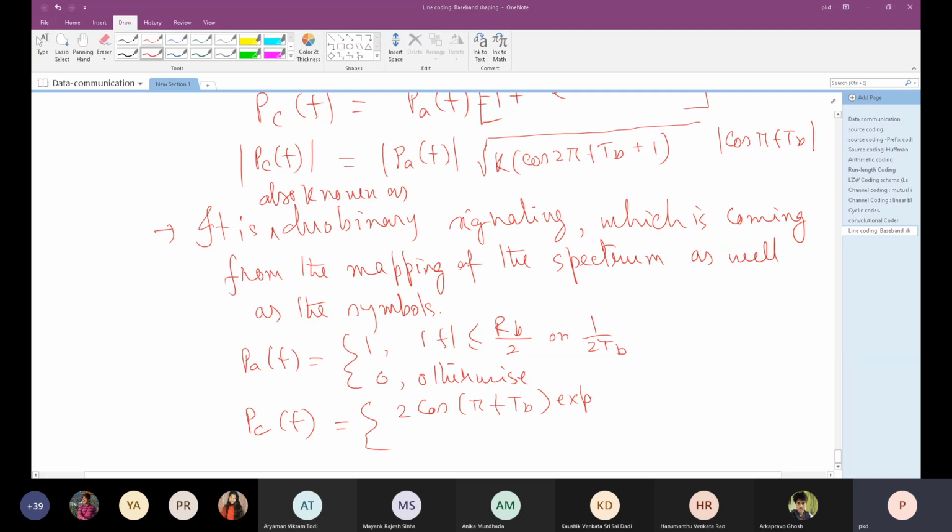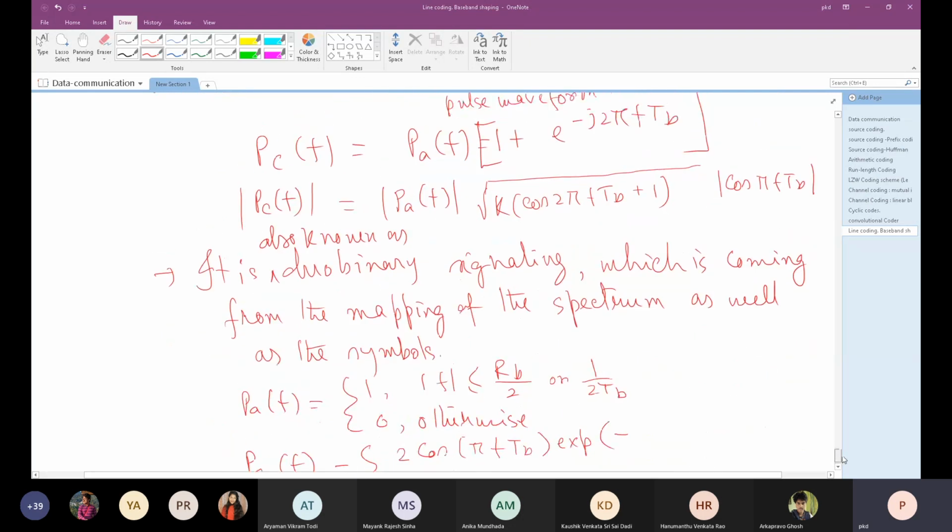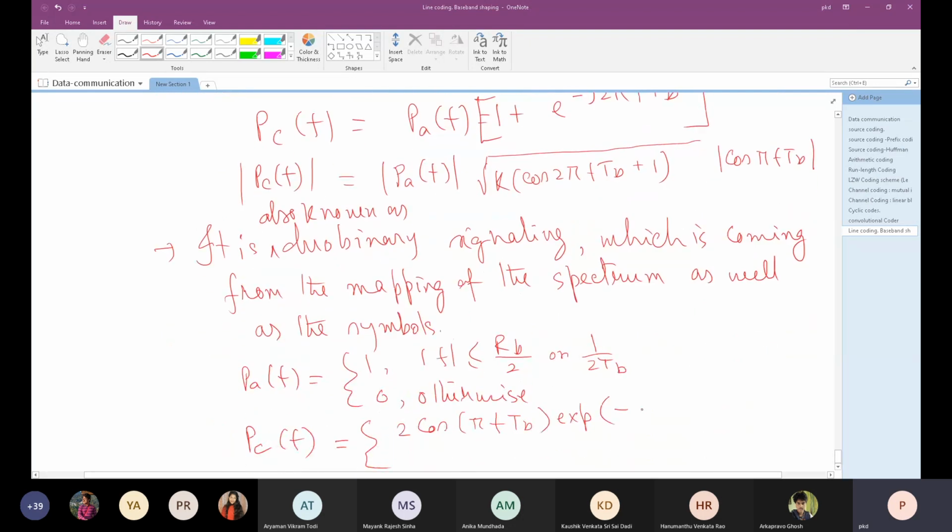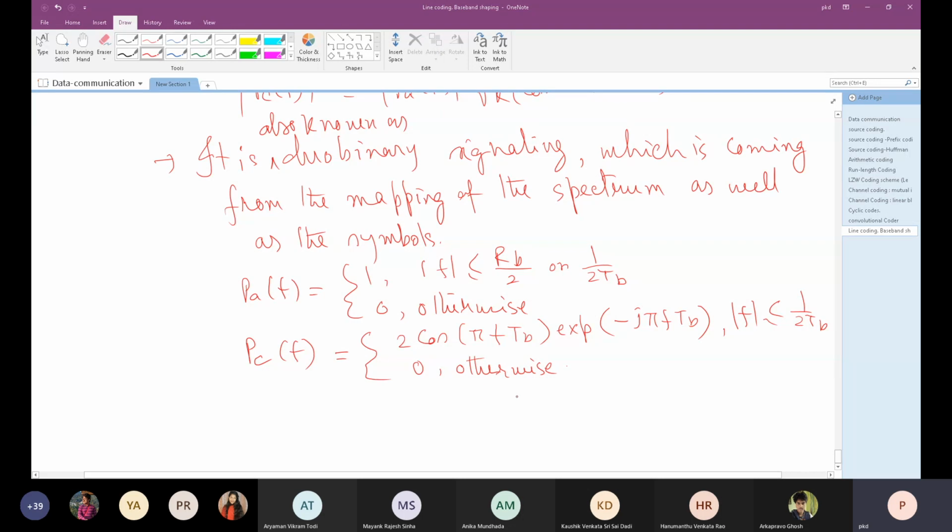So the exponential term will come, exponential of pi f TB. This is for mod f less than or equal to 1 by 2 TB, and would be 0 otherwise. So this is the essential of correlative coding.